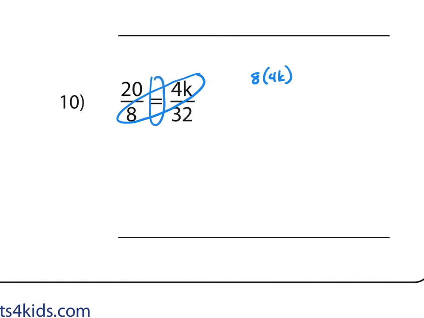Then the body means I'm putting equal there, and I'm going to do the other wing, which means 20 times 32. Would you please tell me what the result is when I multiply both sides of this equal sign? Hopefully you said that this is 32K, and over here, hopefully you had 640.